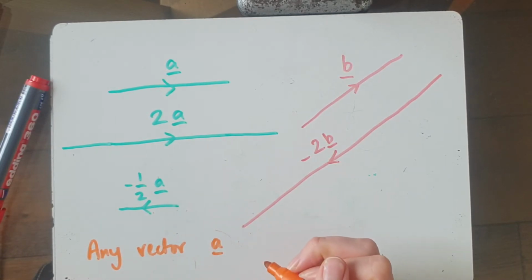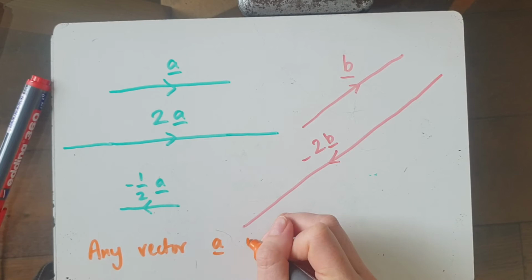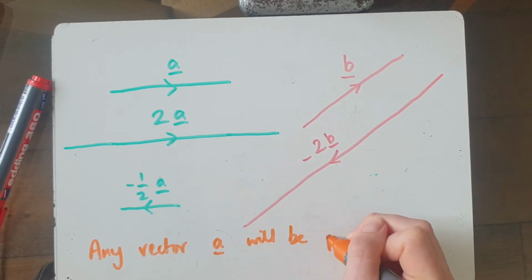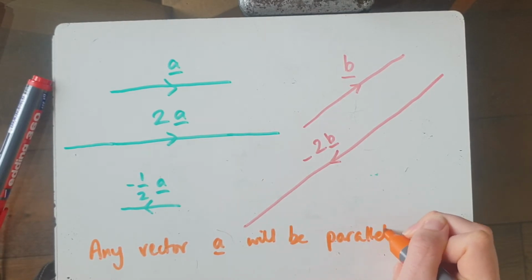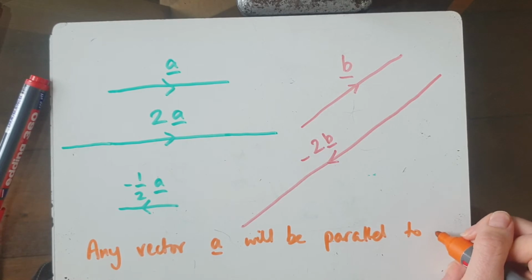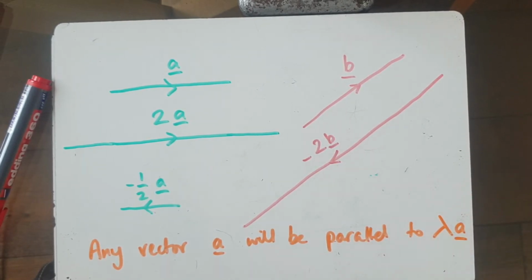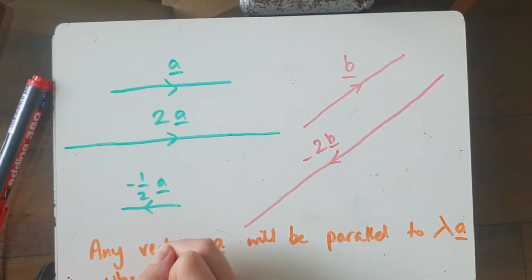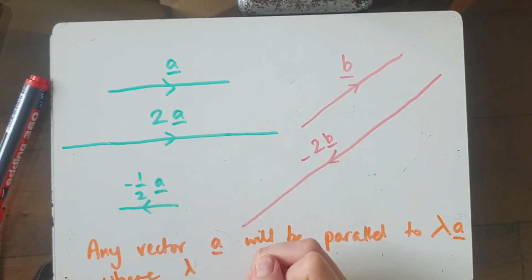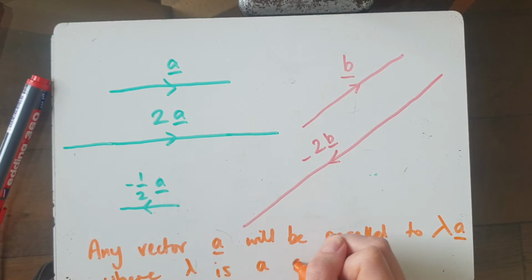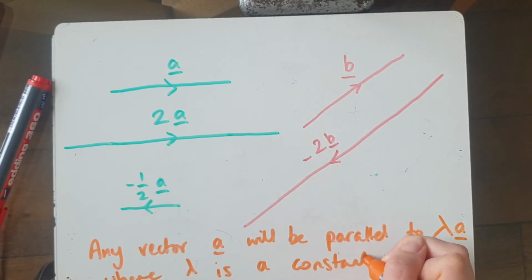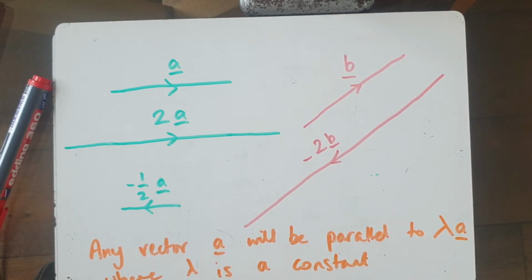So actually, if we take any vector A, it will be parallel to some constant, let's call it lambda, times A, where lambda is a constant. So that is important to note.